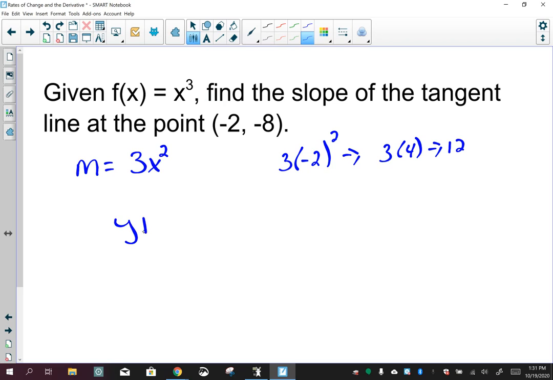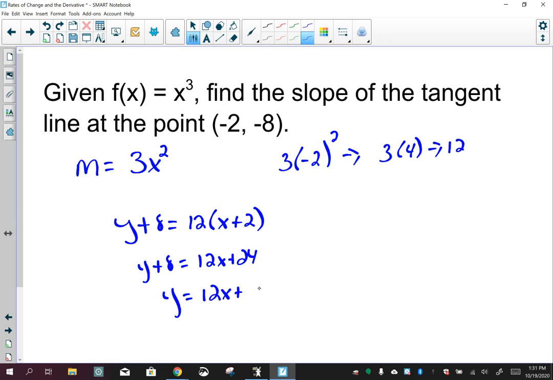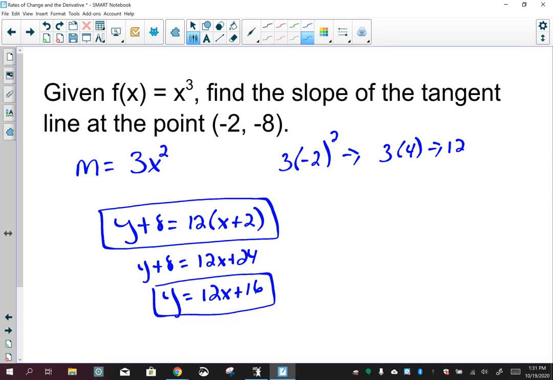So we got y plus 8 is equal to 12 times x plus 2. Again, I can stop, but if you did solve for y, you get y is equal to 12x plus 16. Either or, better be safe than sorry. I would personally stop there, but again, if you choose to, you can. All right. Fun stuff, huh?